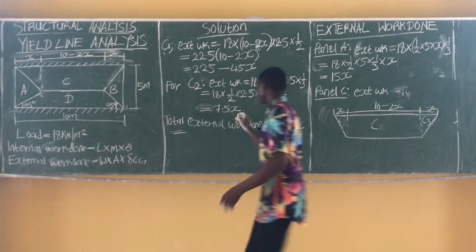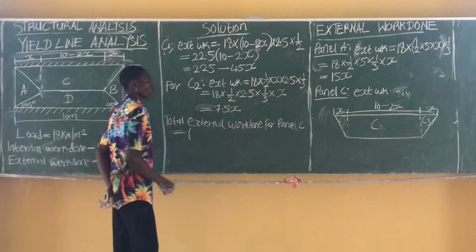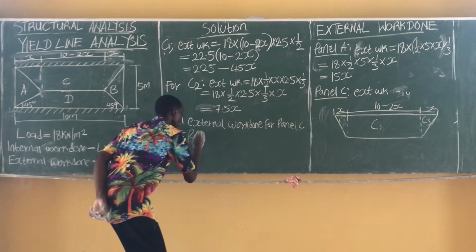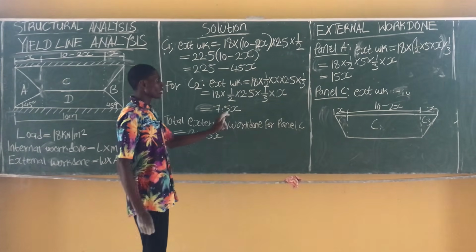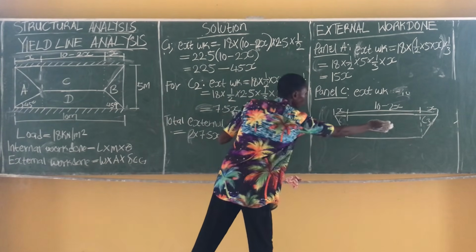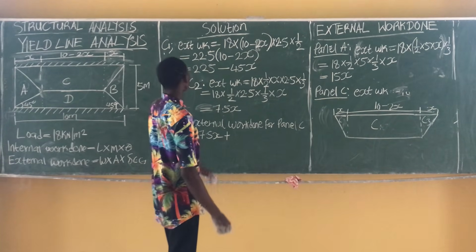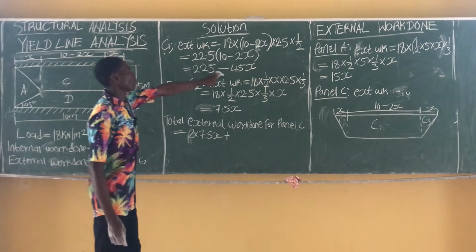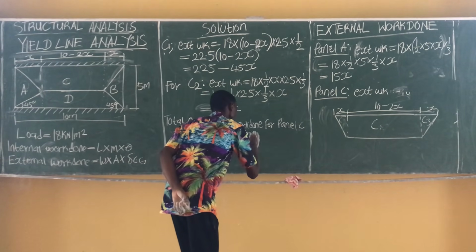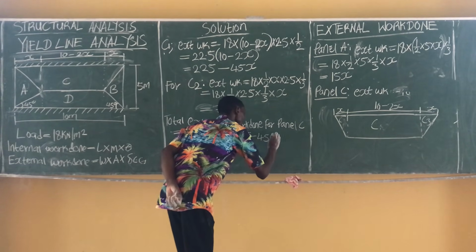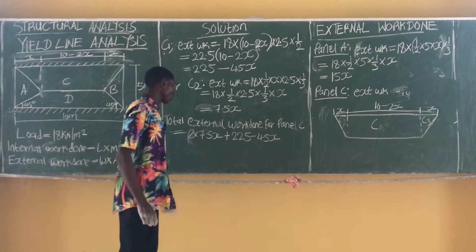Hence we add both of them, which is simply 2 times 7.5x. So this is equal to 2 times 7.5x, which is the same thing as 7.5x plus 7.5x plus the external work done on this C1, which is equal to 225 minus 45x plus 225 minus 45x.